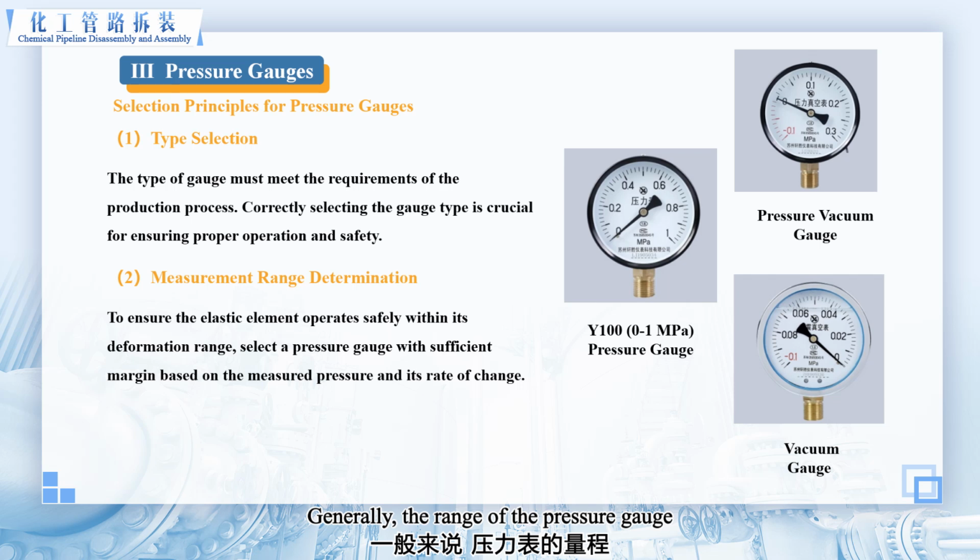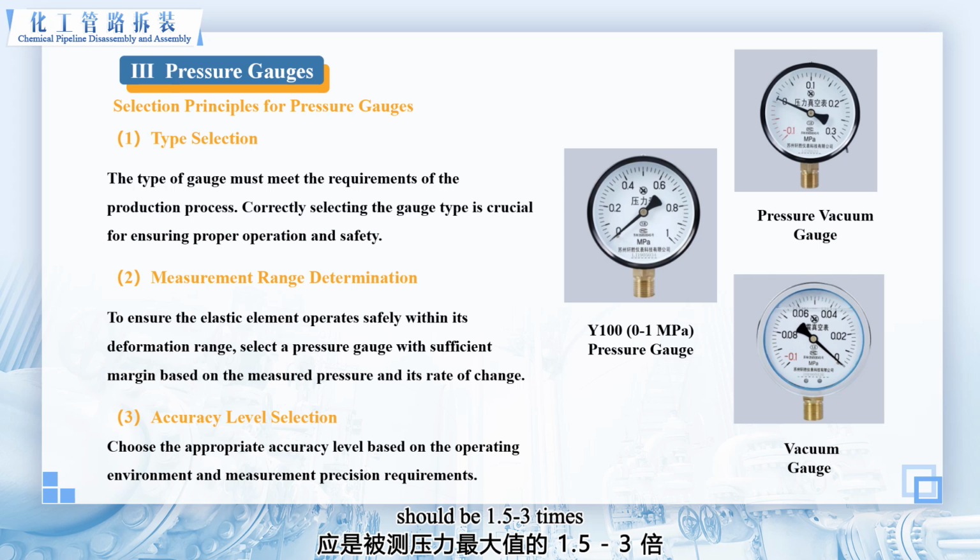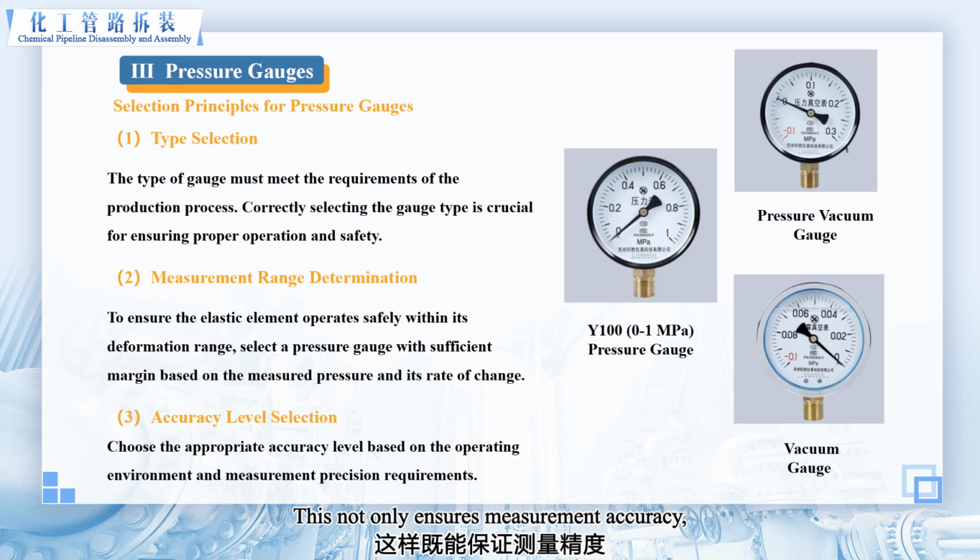Generally, the range of the pressure gauge should be 1.5 to 3 times the maximum measured pressure. This not only ensures measurement accuracy, but also prevents damage to the pressure gauge due to excessive pressure. In addition, based on the usage environment and measurement accuracy requirements, select a pressure gauge with the appropriate accuracy level.